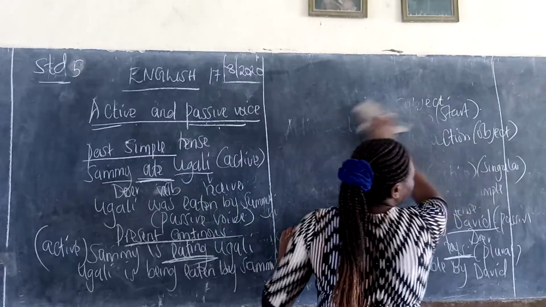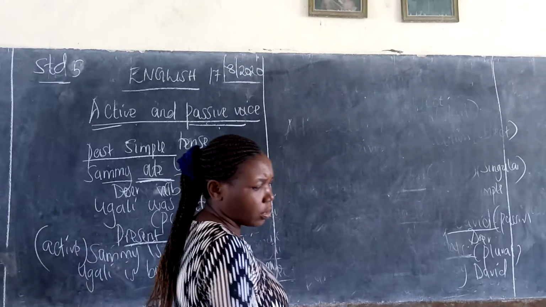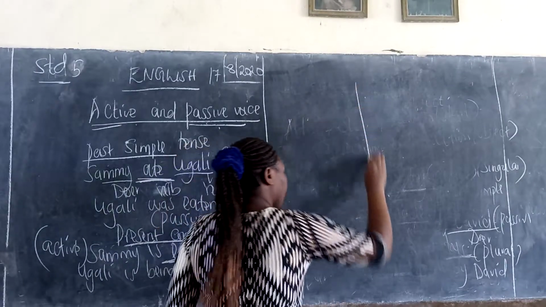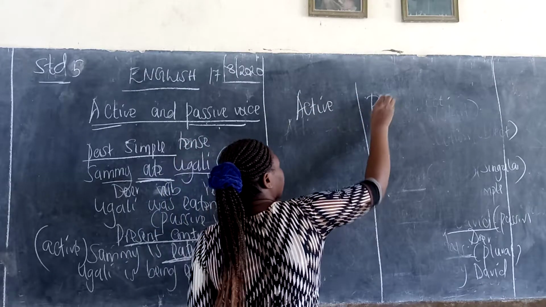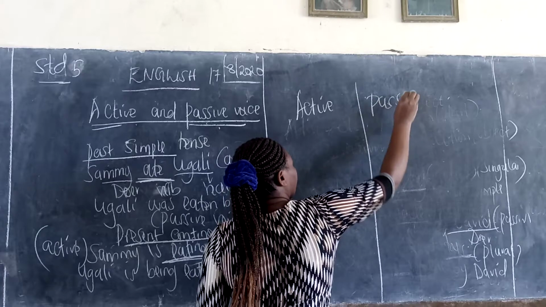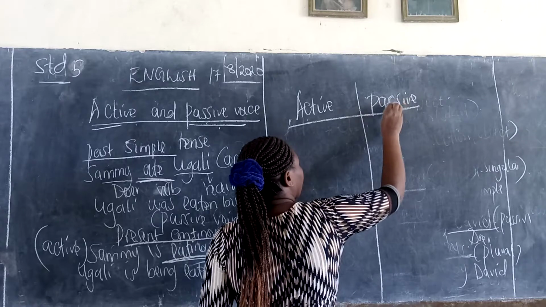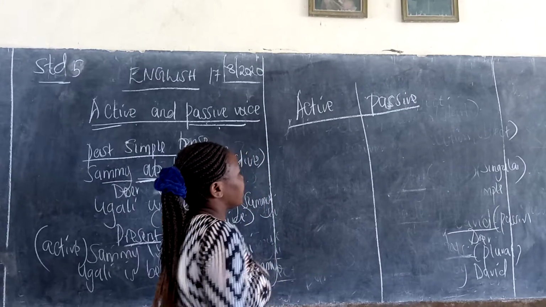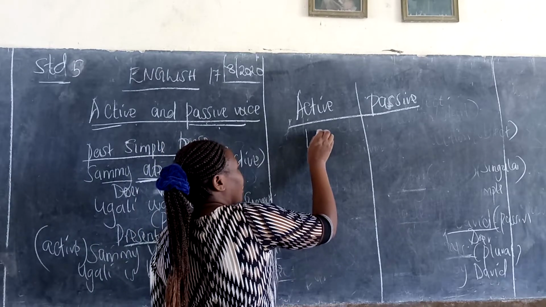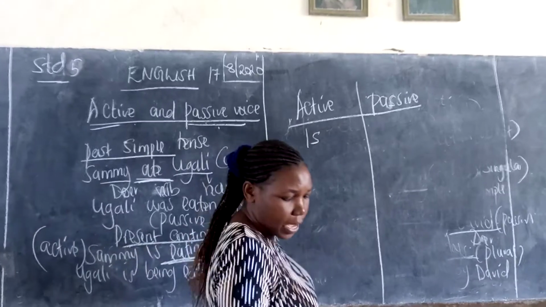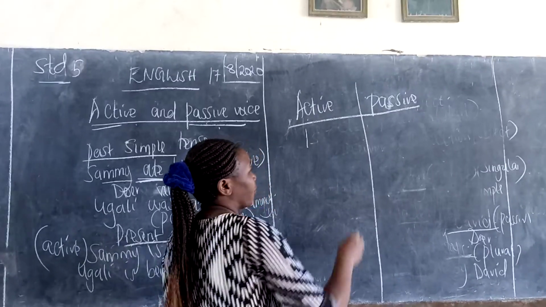Example. We are going to look at I. Here is active, and here is passive. In active, I goes to me.